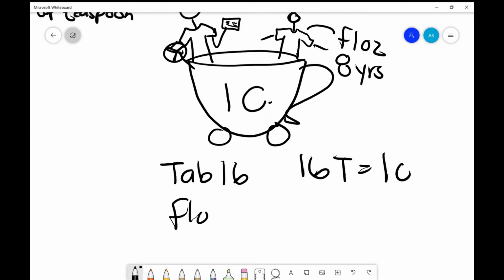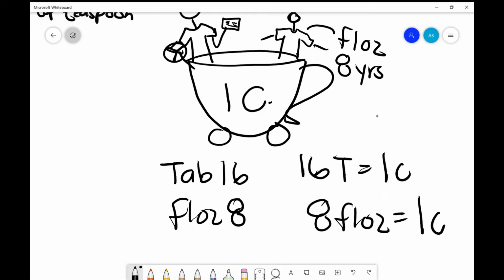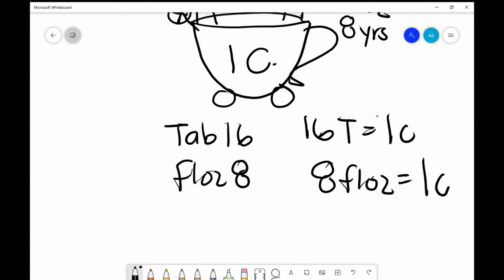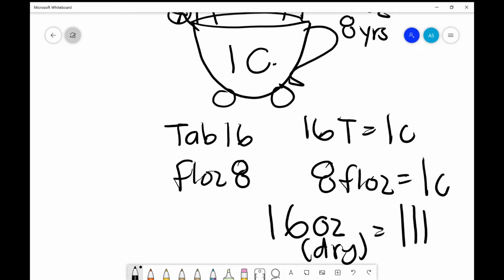So we'll write that here so we remember Floz is 8. 8 fluid ounces, Flozes, in 1 cup. So we have 1 Floz in the cup and 1 Tab in the cup. And then another thing just to also help us remember, this doesn't necessarily go along with this, but another thing we do want to remember is 16 ounces that are dry, not fluid, is equal to 1 pound.